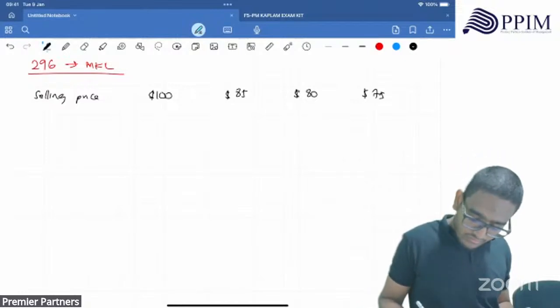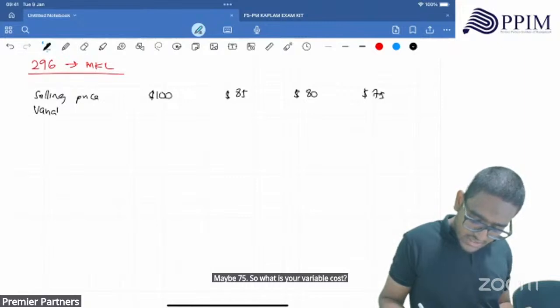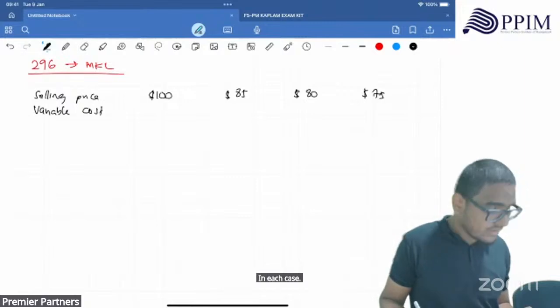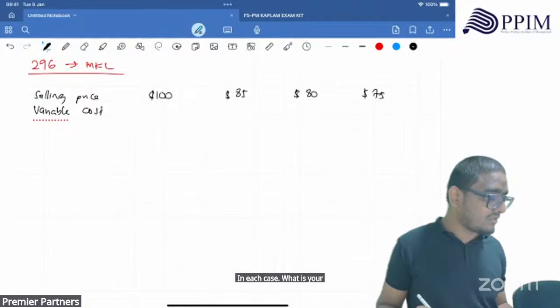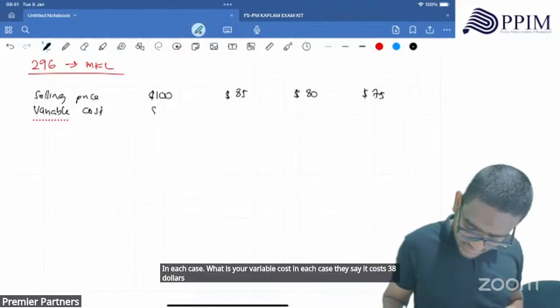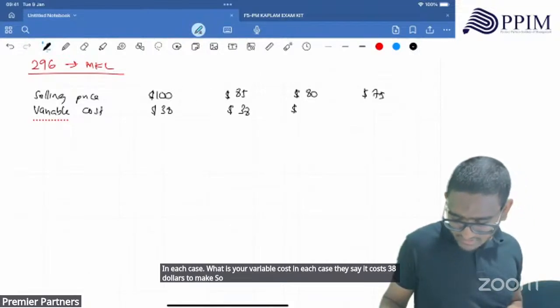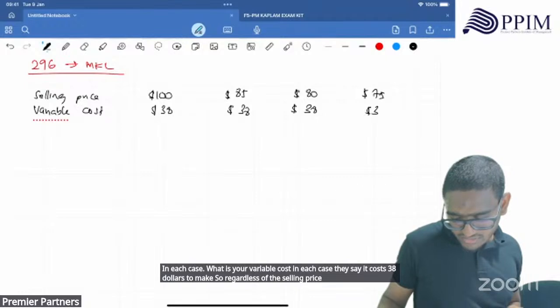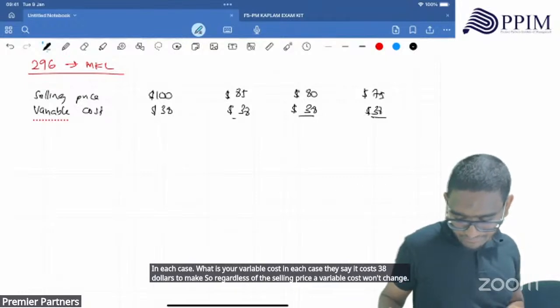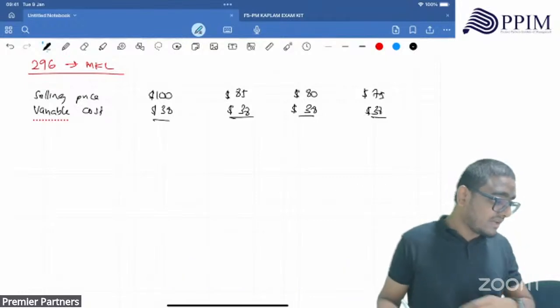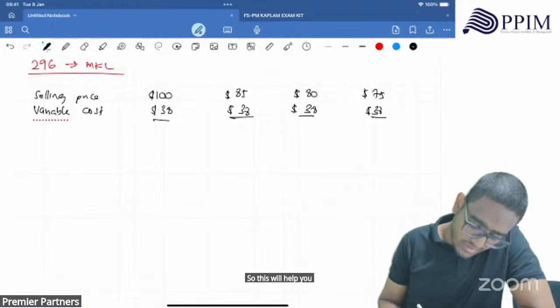So what is your variable cost in each case? They say it costs $38 to make. So regardless of the selling price, the variable cost won't change. So this will help you find contribution per unit.